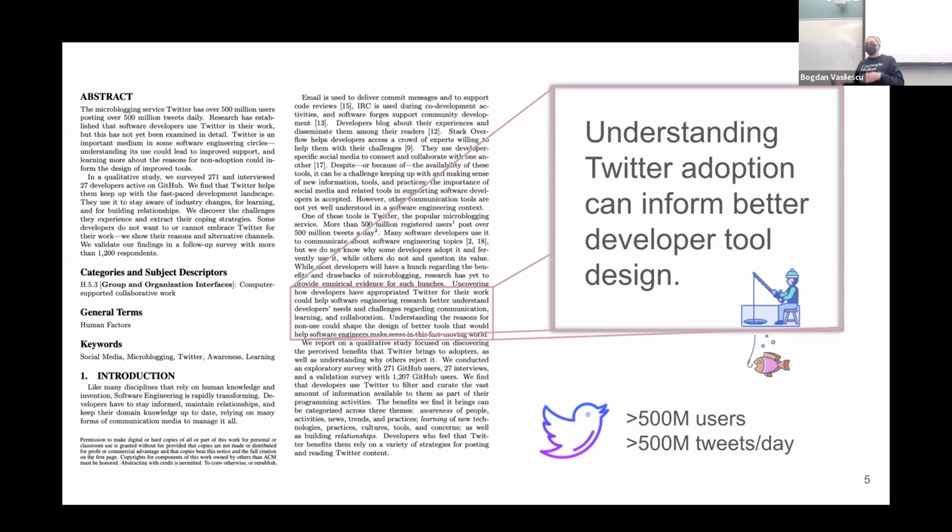If you just go into an interview blind without that initial exploratory survey, then you might be missing trends that you didn't think to ask about. That's my understanding.